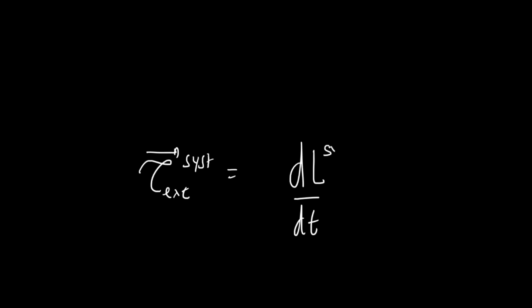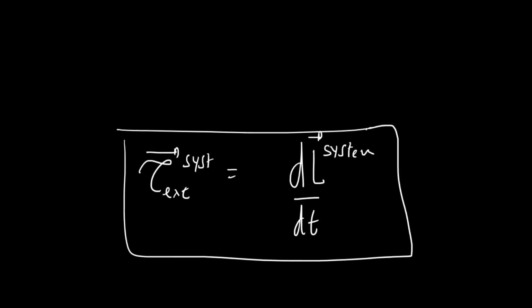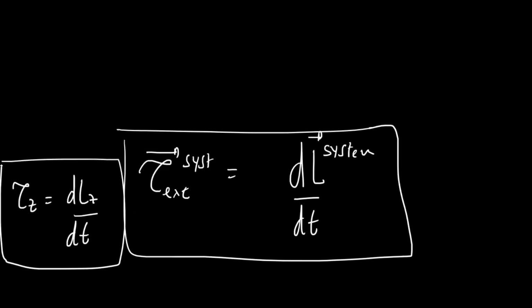And got to give it to Newton for discovering this definitely not so simple looking law. It's valid at every instant of time. And we did a simpler version of this, which is tau z is equal to dL_z by dt, no doubt about that, and therefore we write it as a scalar.